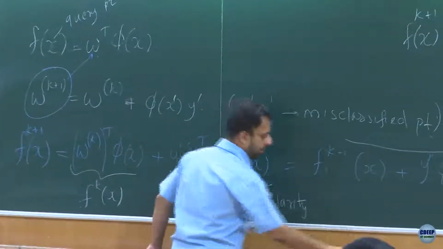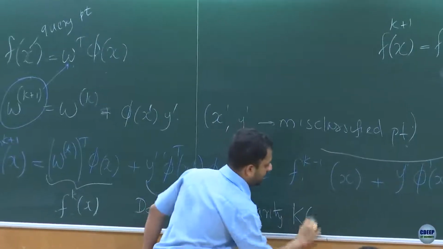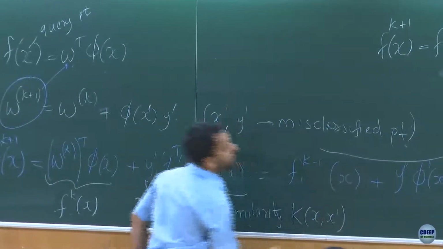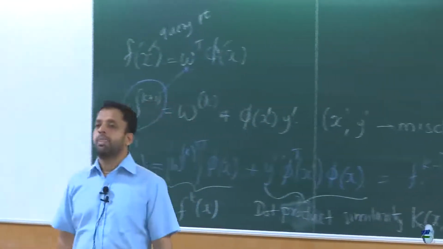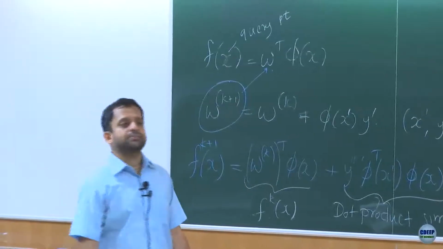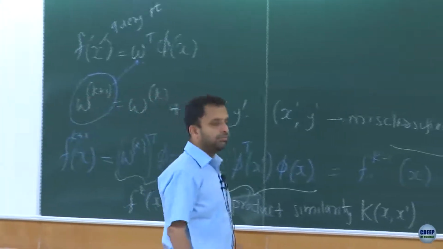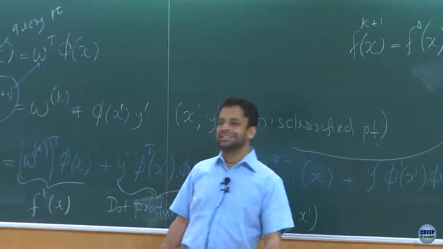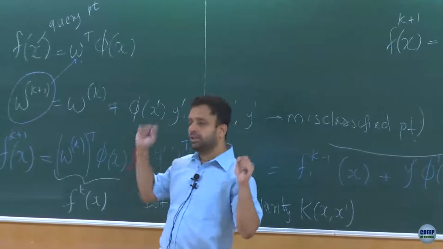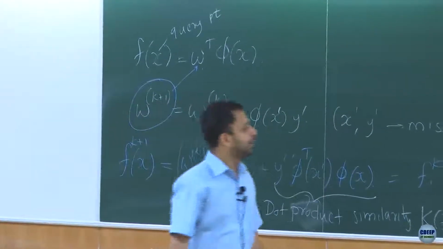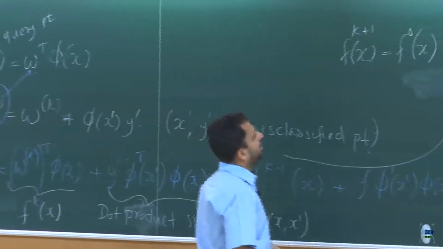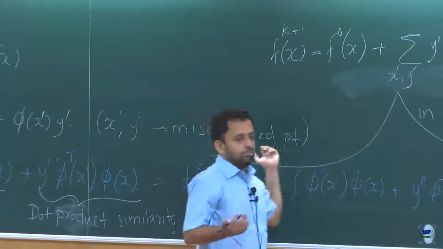I'll call this dot product similarity k(x, x prime). So my classifier is basically a weighted sum of these similarities with all the misclassified points, weighed by how much they were misclassified. And this is the function.